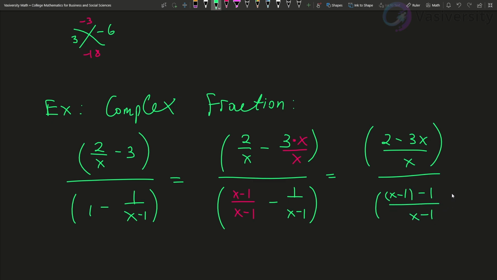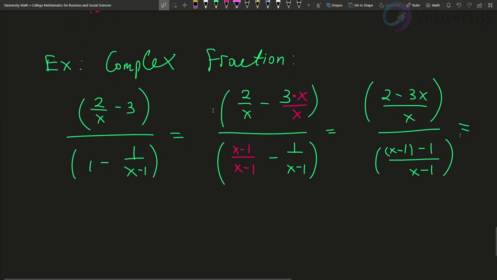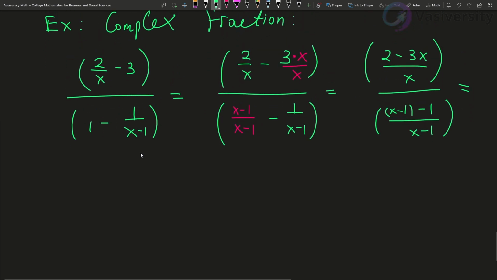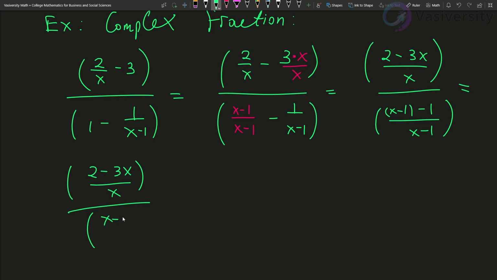Now let's actually simplify. Can we simplify the numerator? I don't think so. How about the denominator? Yes, we can. So 2 minus 3x over x divided by x minus 2 over x minus 1.